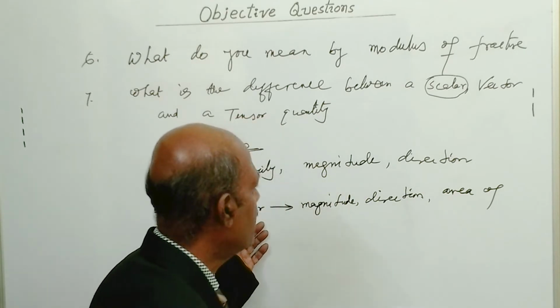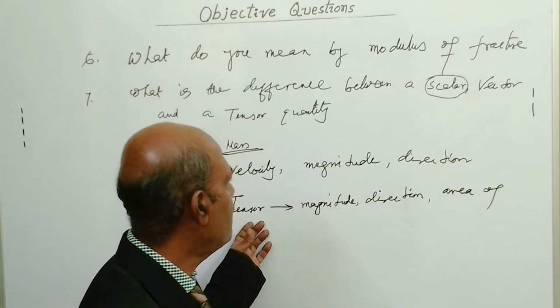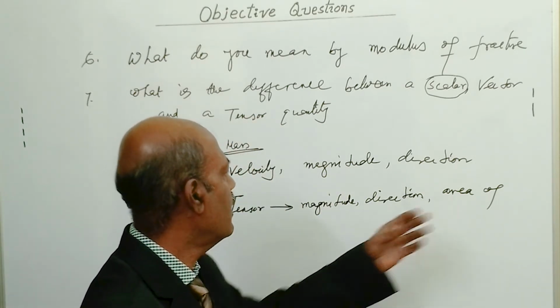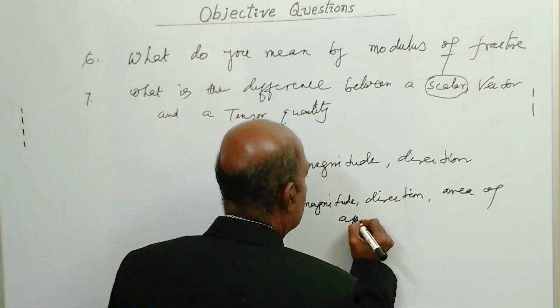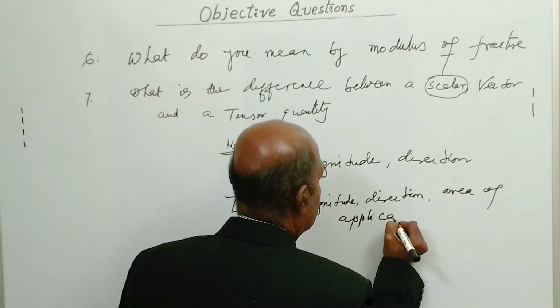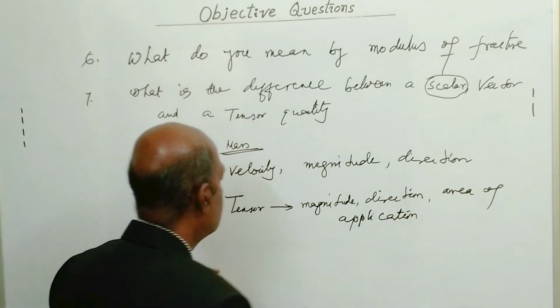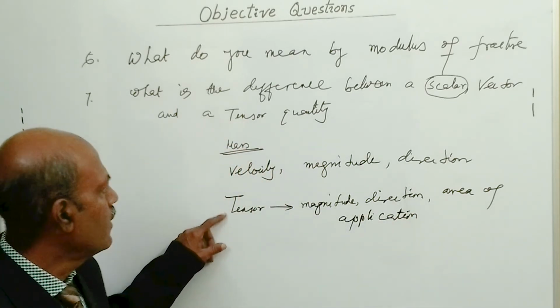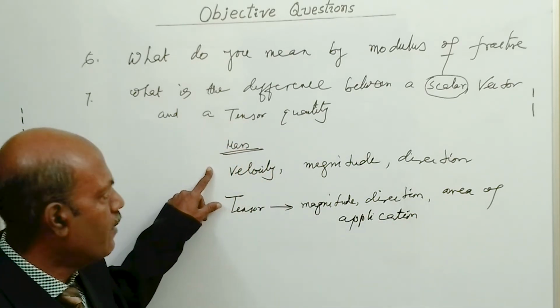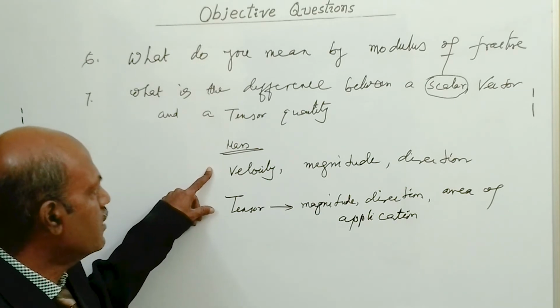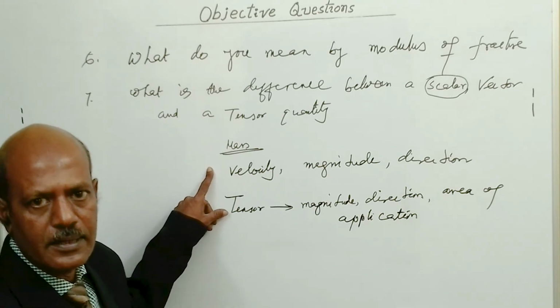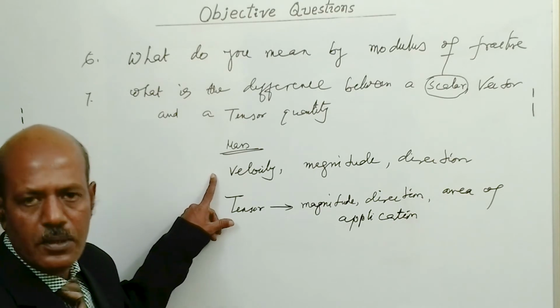So the physical quantity which can be described by the magnitude, direction and area of application is known as tensor quantity. And the physical quantity which can be described by magnitude and direction is called vector quantity.